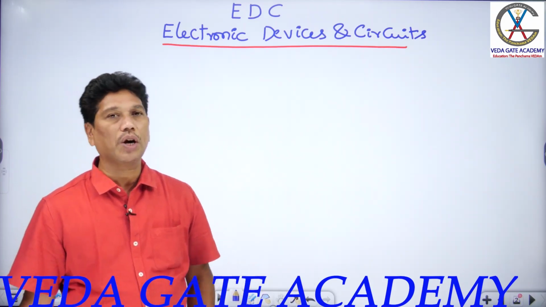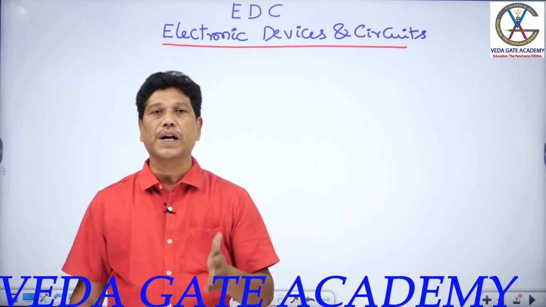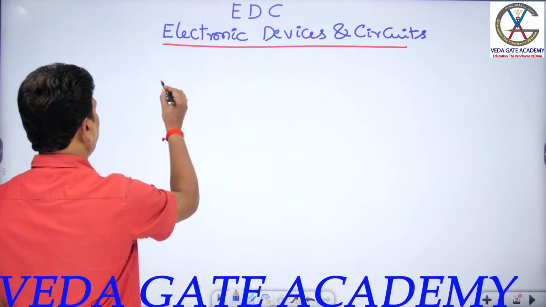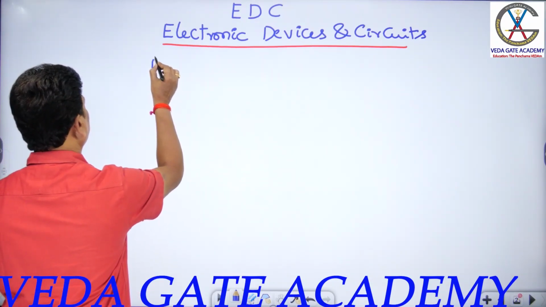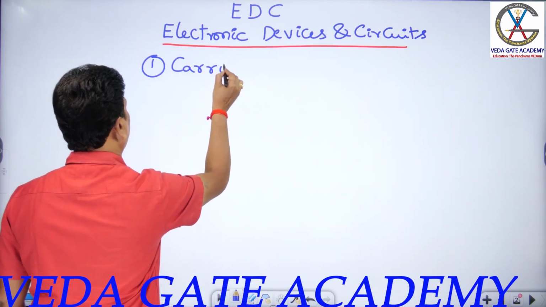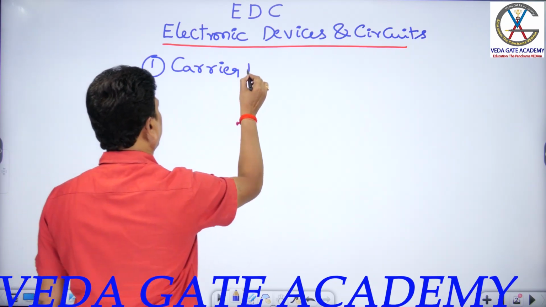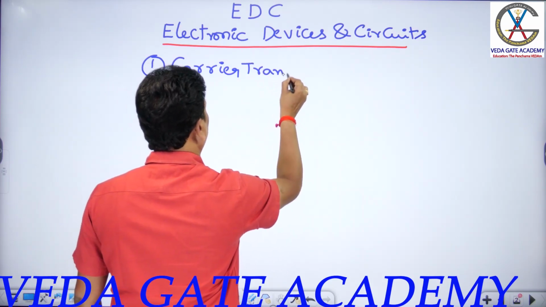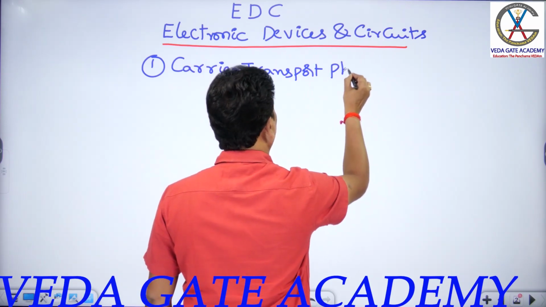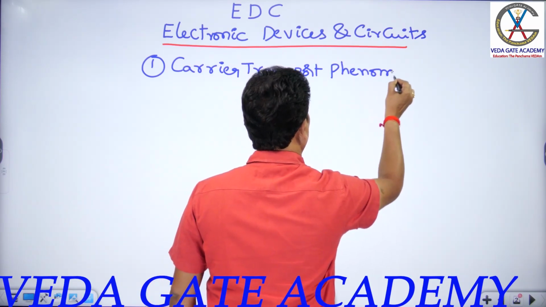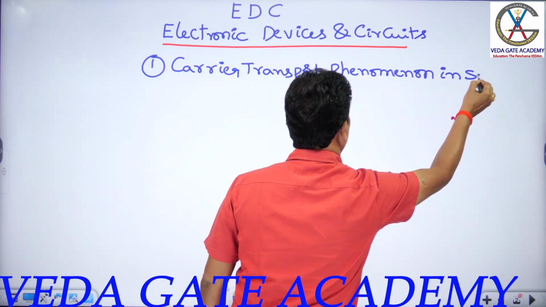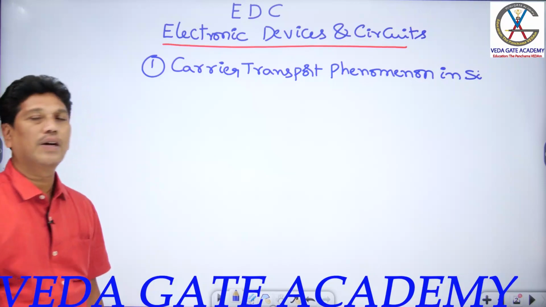Now let's check what EDC contains for the GATE exam. See the syllabus contents for the EDC part. First, carrier transport phenomenon in silicon. This is the first chapter.